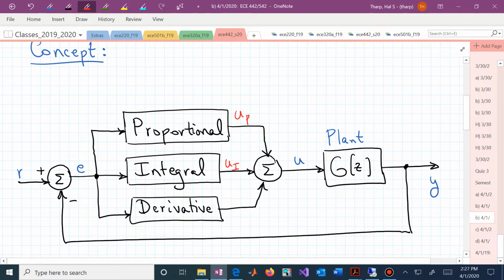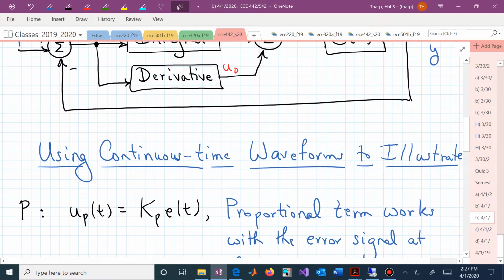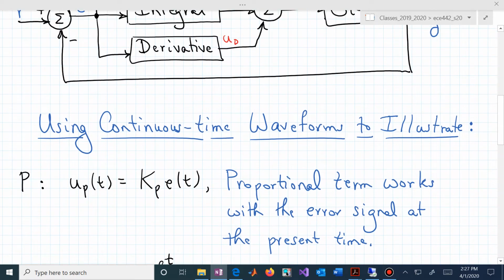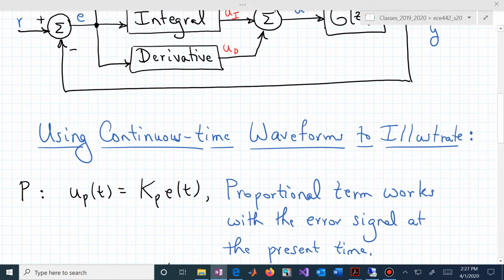And then we have our derivative component, U sub D. We now have three different components associated with this PID controller, and to talk about it, let's just illustrate this with continuous time signals, but just realize that we are going to be using these PID controllers in a digital control setting.